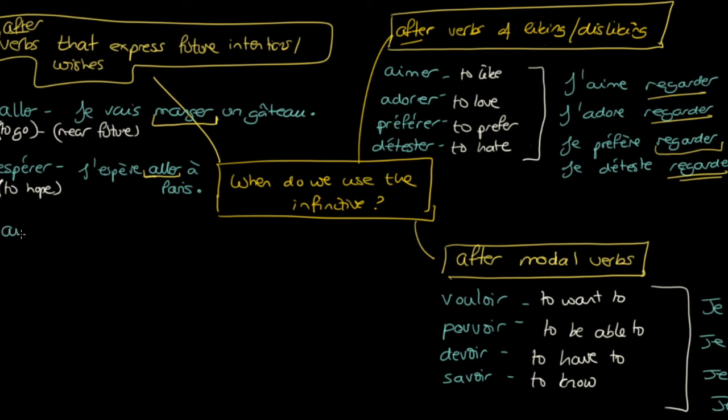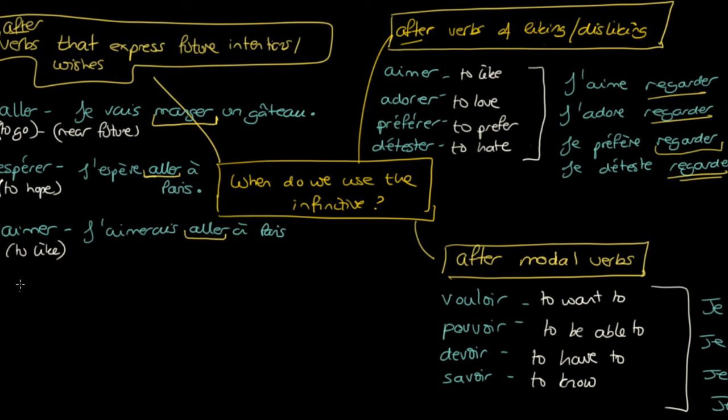You could also use aimer in the conditional here, so remember meaning to like, to say what you'd like to do. So j'aimerais aller à Paris. So aimer, which we'd expect as a verb of liking or disliking, followed by infinitive. But this sentence is sort of expressing a wish, isn't it? I would like to go.